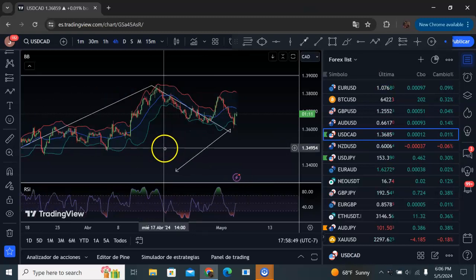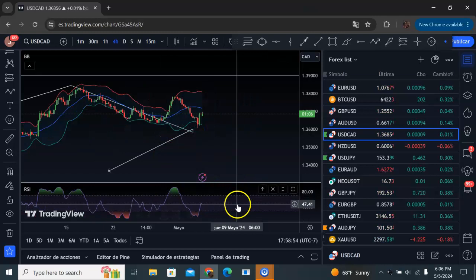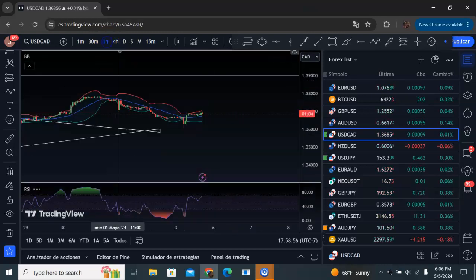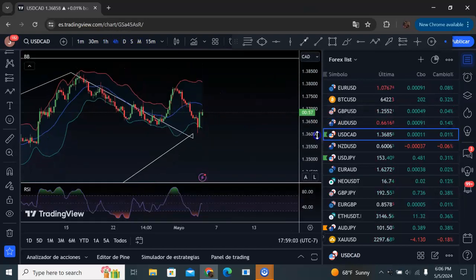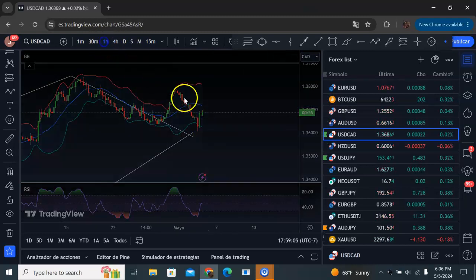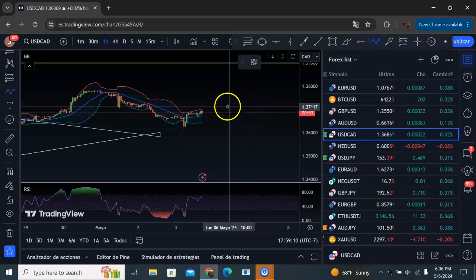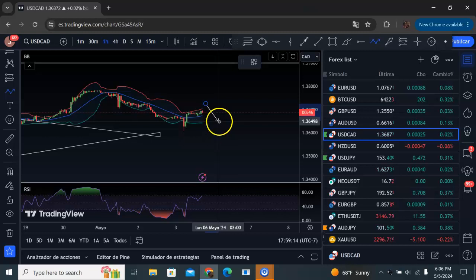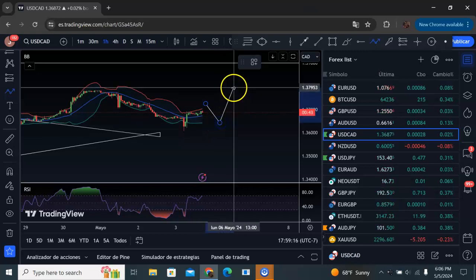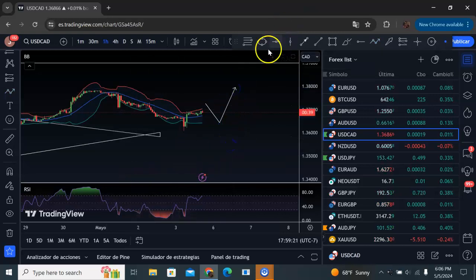So what I'm expecting this week is for the market down here. It's definitely a divergence also. We have a divergence in the 1 hour. So I'm thinking that the market is going to retrace, maybe go a little bit higher, retrace anywhere here, and then keep going a little higher for this week.